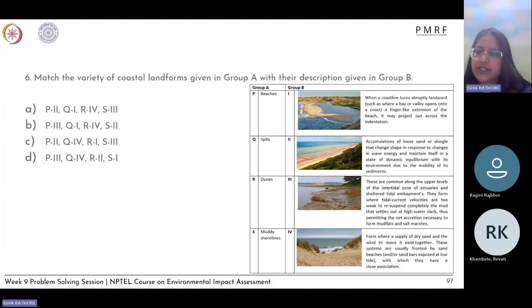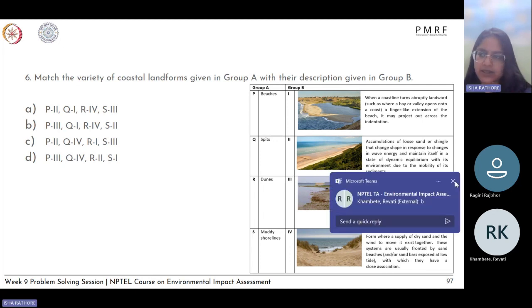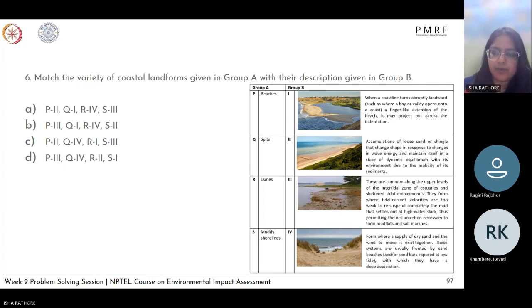You need to match group A with group B. Okay, we have one answer, B. Okay, so the correct answer is A, that is, beaches, P, matches with 2.